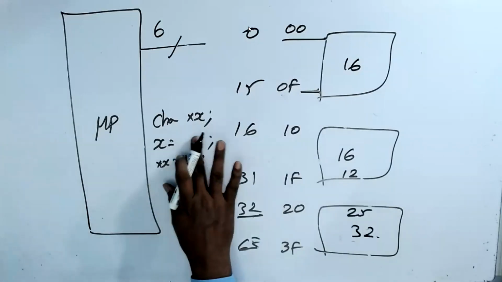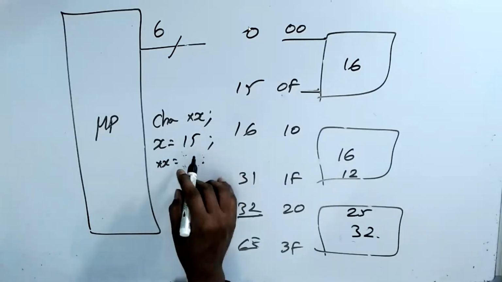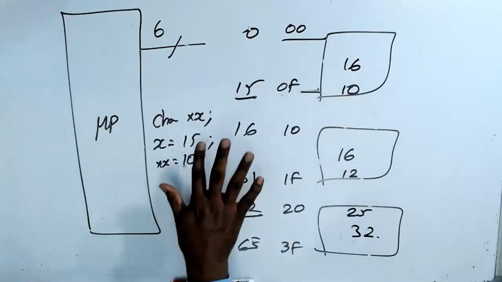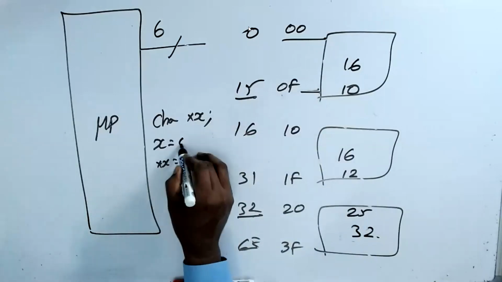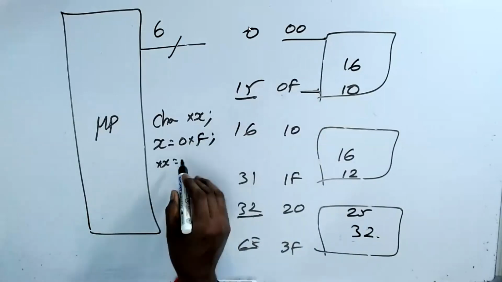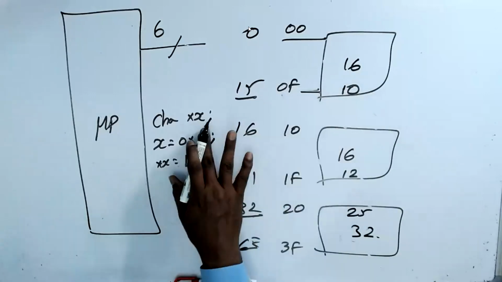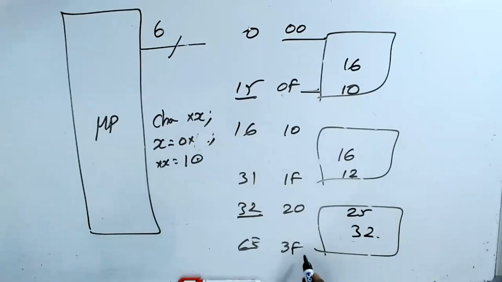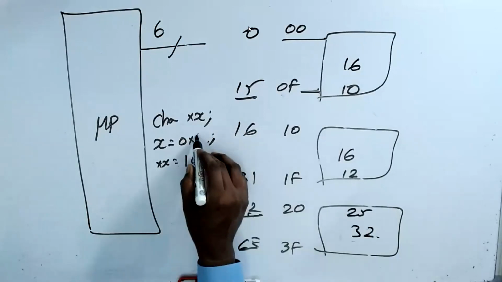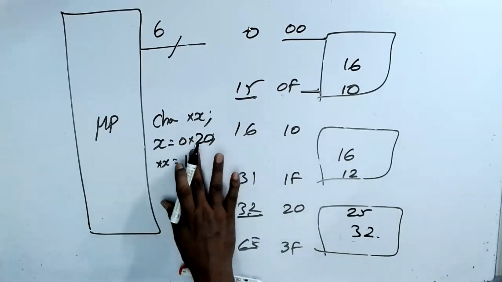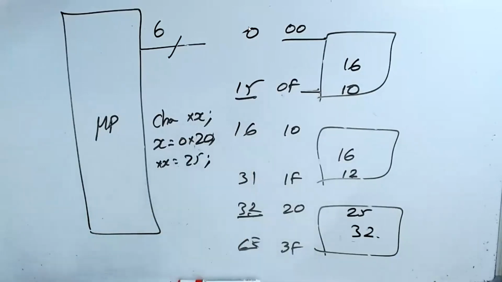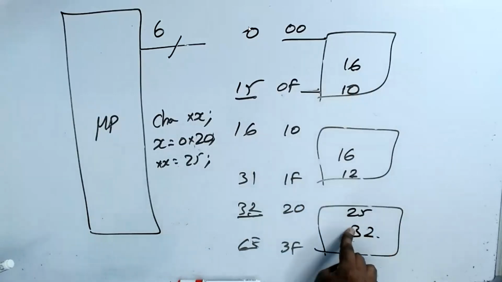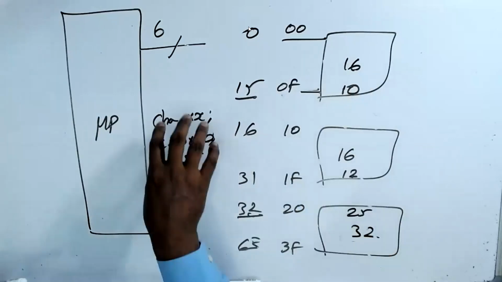If I write 15 and 10, 10 will be written at 15. I can also write the same thing like this, 0x0F and 10. I can write 0x1F, 12 is written. I can write 0x20, 25. So please understand, you can write any value on any chip using your microprocessor, using your C program.